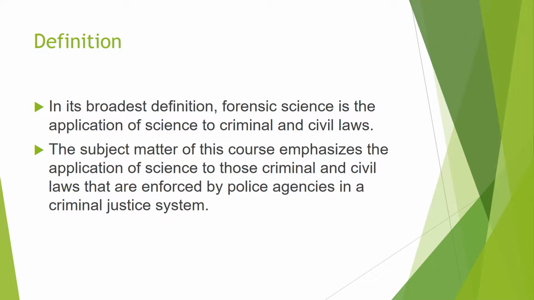Forensic science occupies an important and unique role in the criminal justice system, a role that relates to the scientist's ability to accurately and objectively provide information about the events that have occurred at a crime scene.